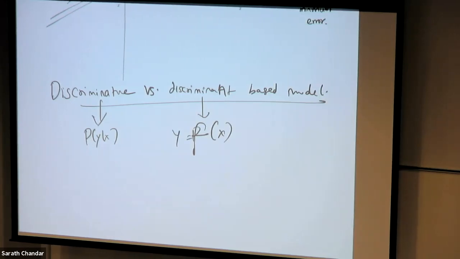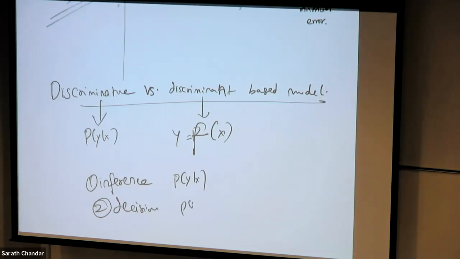Now, if you remember our very first discussion about classification, usually there are 2 stages. First there's inference, then you have decision. The inference is this idea of computing P of y given x, and decision is this idea of using P of y given x and the loss matrix to compute the optimal decision.